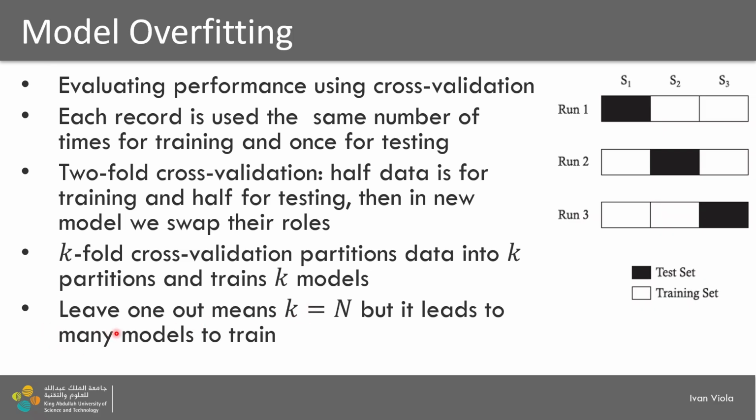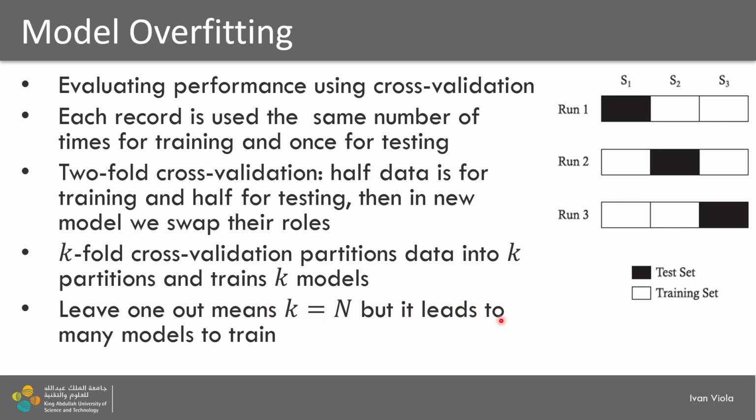There is a specific case of k-fold cross-validation called leave one out, which means that k is the number of partitions n, so the training set will be all the data records minus 1.